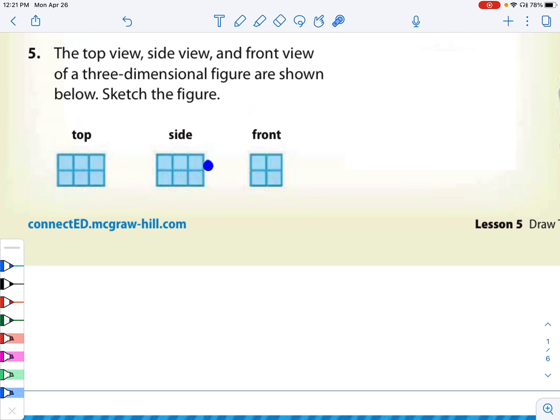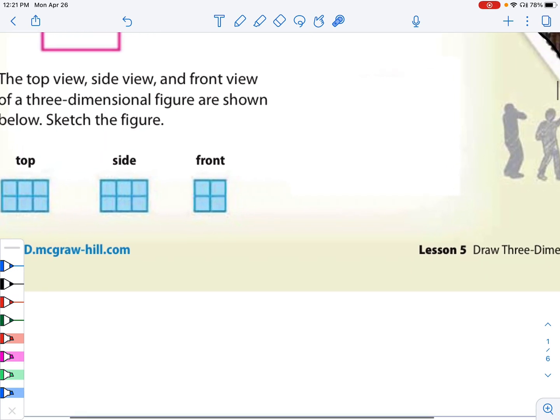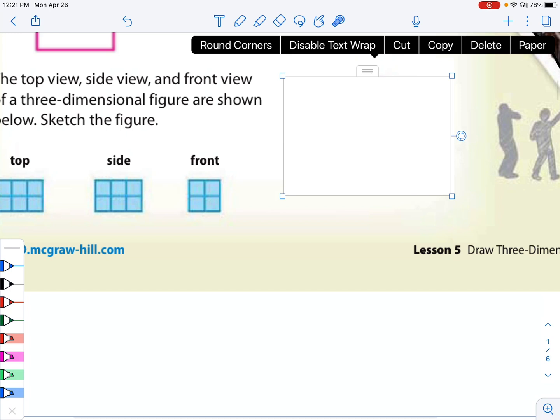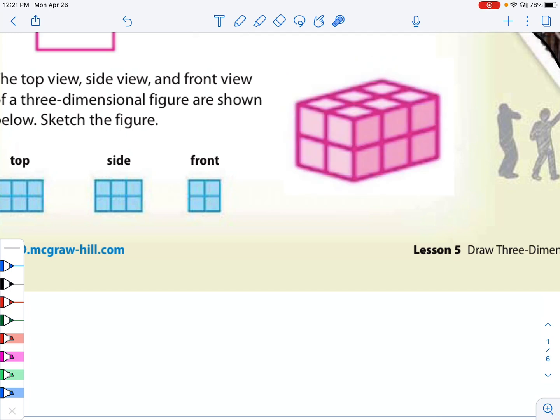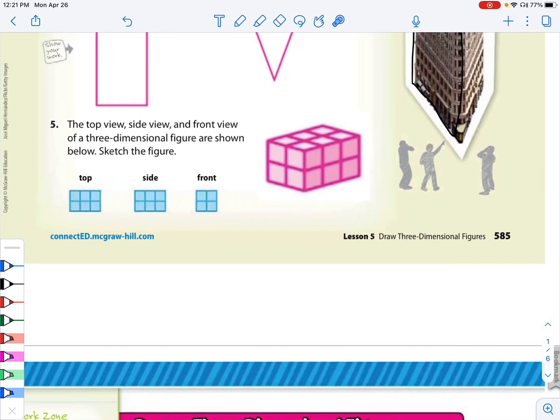Side view also has 6 square units. The front view has 4 square units. If we draw this out, this is how it's going to look. This is our front view, 4 square units. This is the top view, which is 6 square units. And this is the side view, which is also 6 square units.